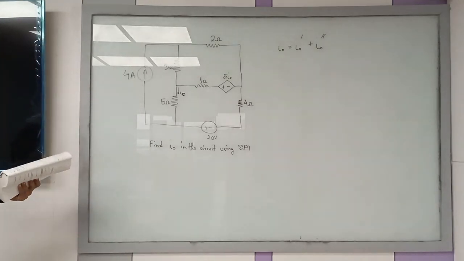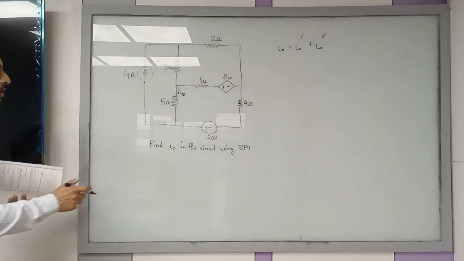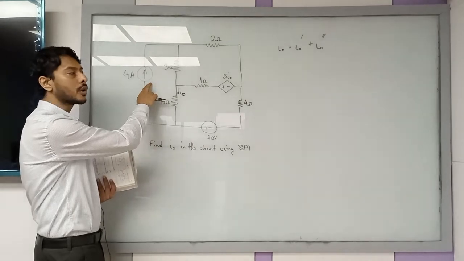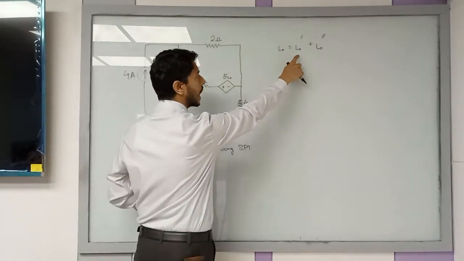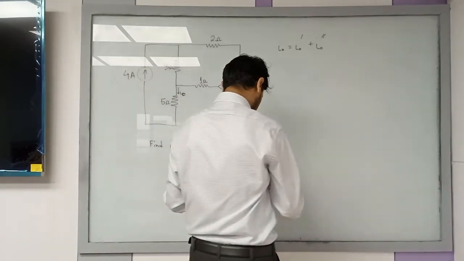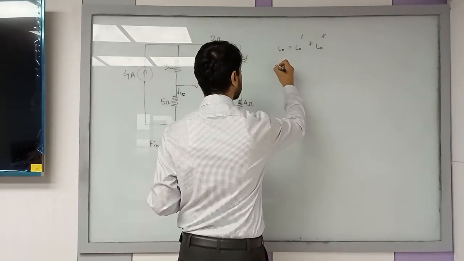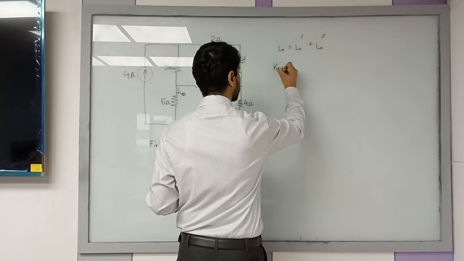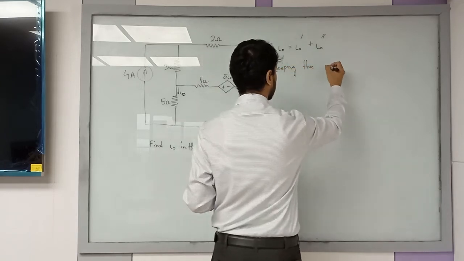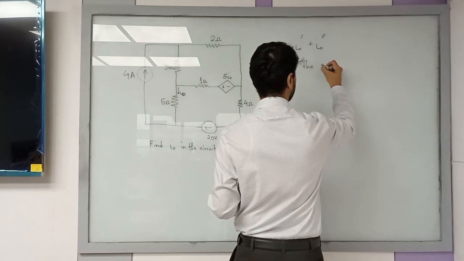They have turned off this power source and worked with 4 ampere to find I naught prime. So let's do it in the same way they have done it. Need to short the 20 volts voltage source.